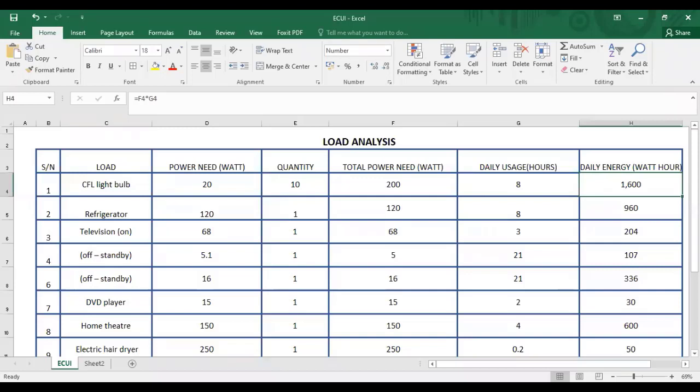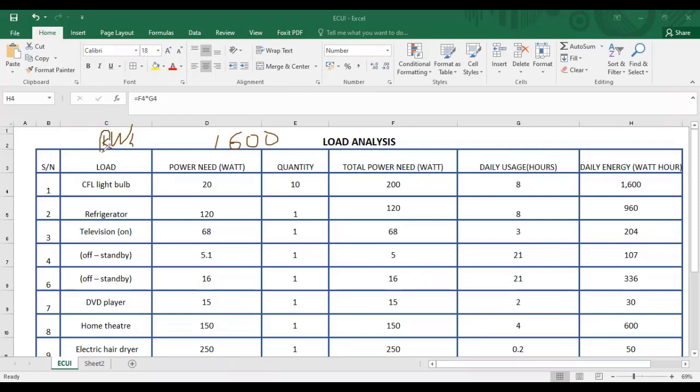So this 1,600, as you have it here, if you look at the electricity meter at your home, if you want to buy electricity, you pay for electricity in kilowatt hours. I am specific with my writing.